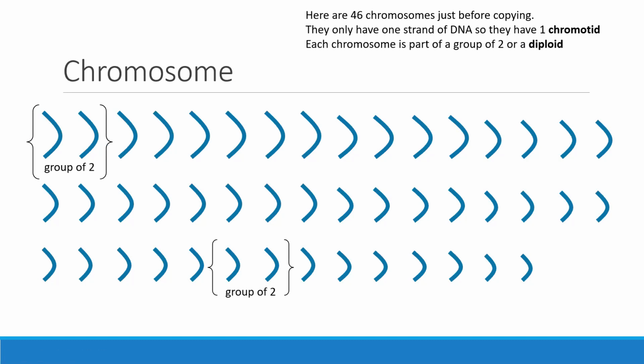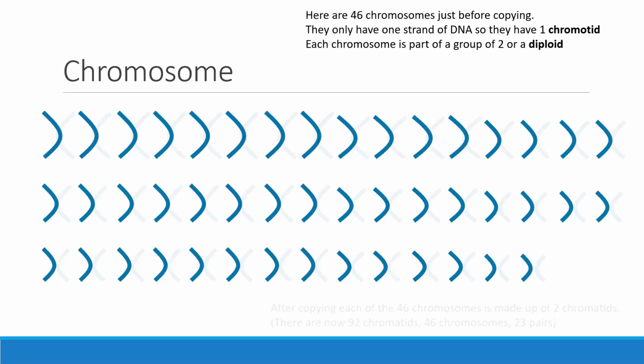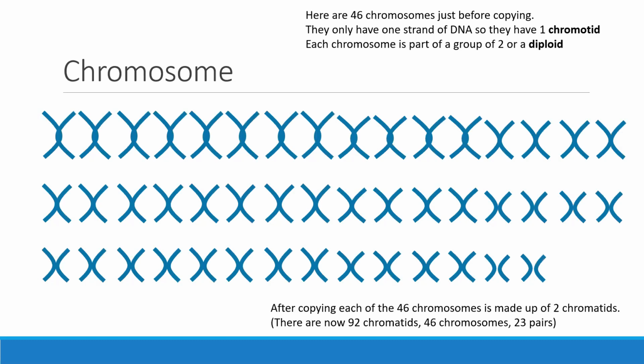Now, the first thing that happens is that each of these strings of DNA makes an exact copy. And that will look like this. Wait for it. Bang. After copying, each of the 46 chromosomes is made of 2 chromatids.